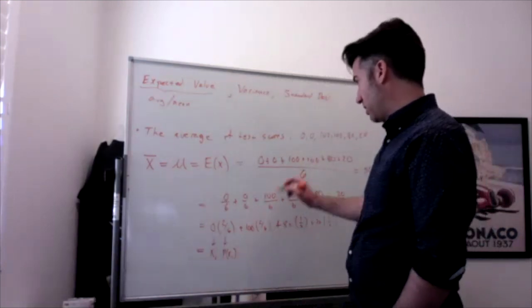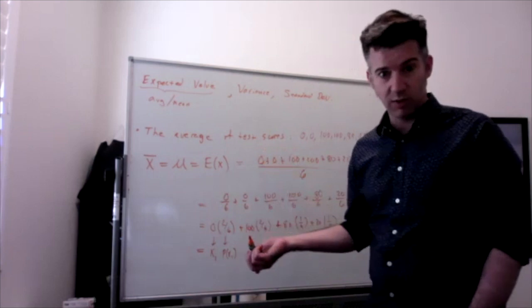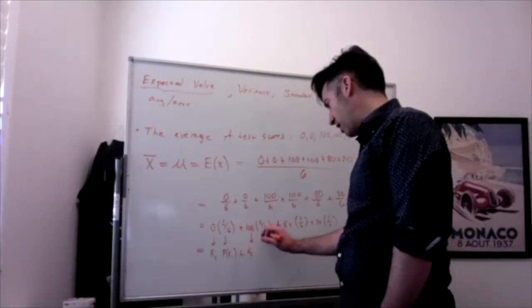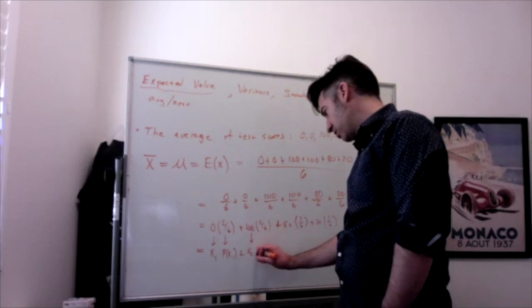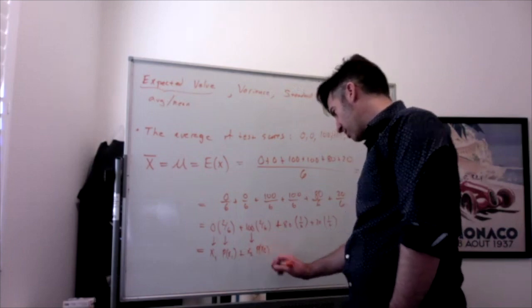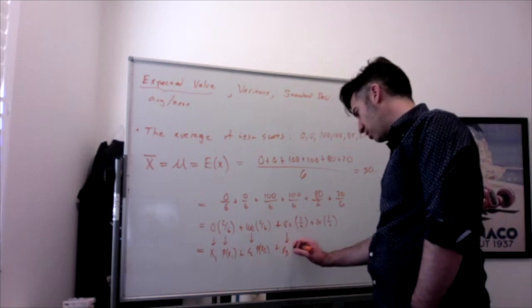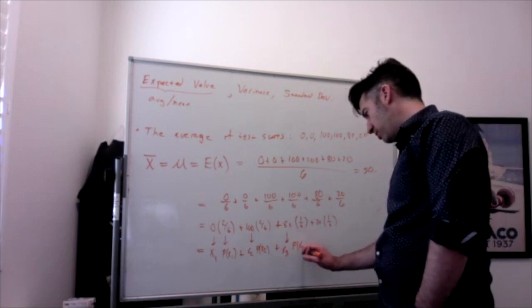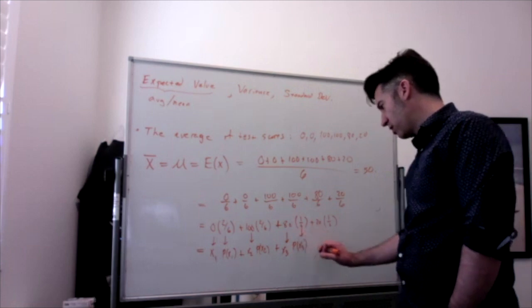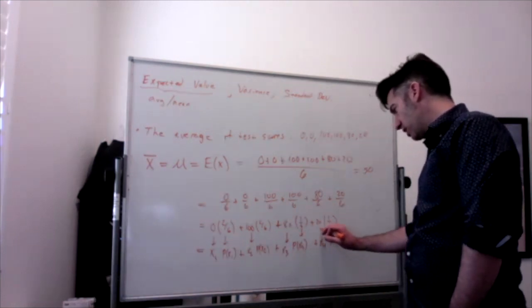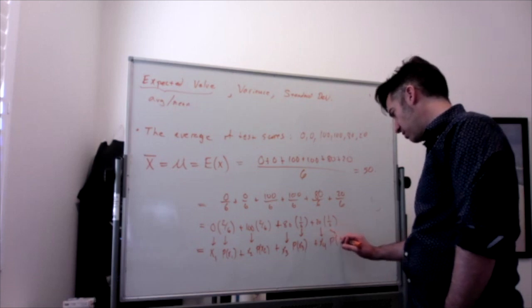And we could say 0 is our x1 score, 100 is x2, and the probability of getting 100 is 2/6. And then 80 is the third possible score, and 1/6 is the probability of getting that third possible score. And 20 is the fourth possible score, and 1/6 is the probability of getting that score.